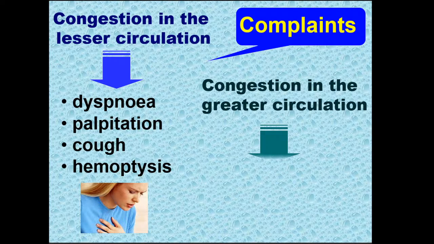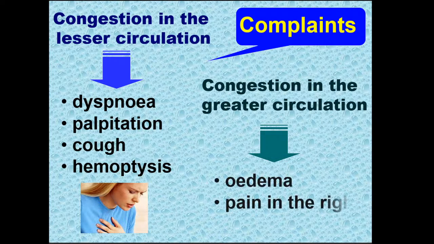Later, due to involvement of the right ventricle and its affection, blood is congested in the greater circulation. The patient complains of edema on the lower extremities, and then discomfort and pain in the right hypochondrium.